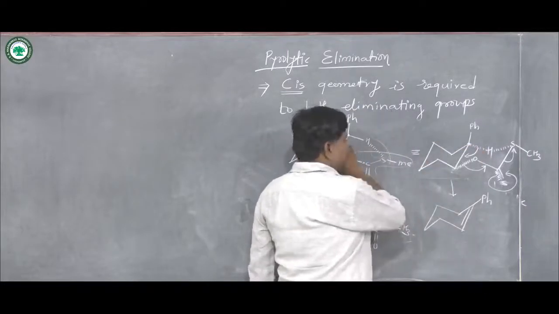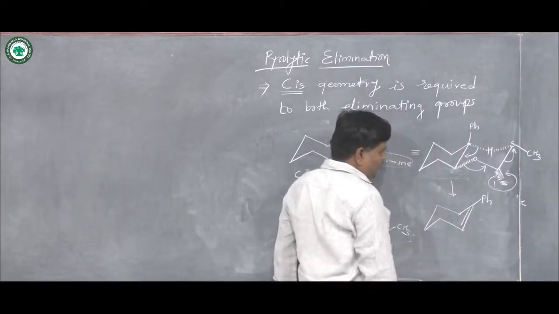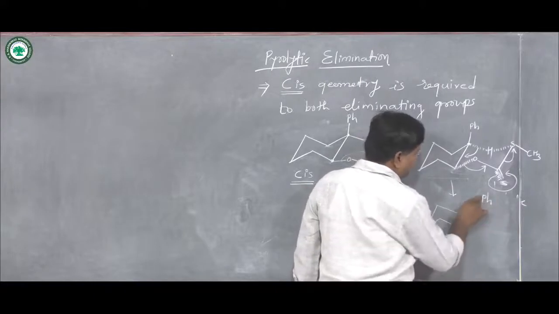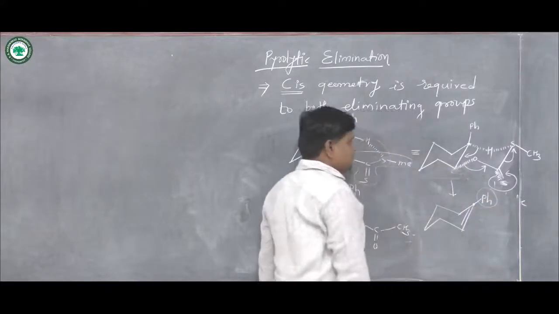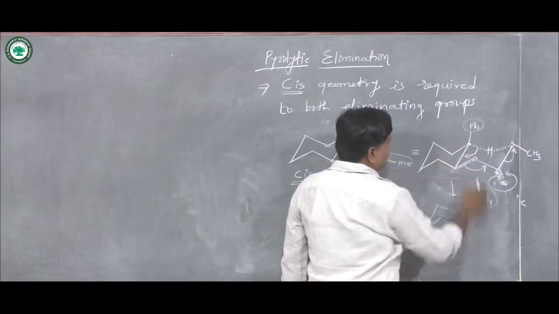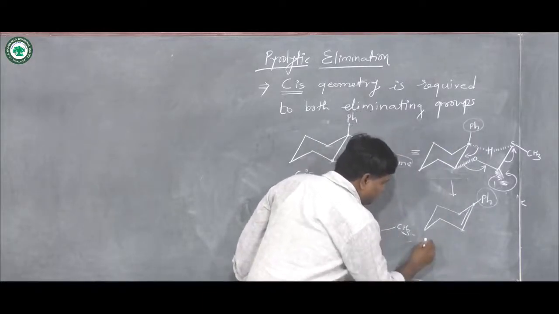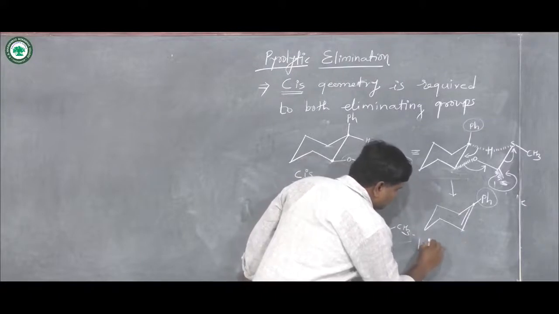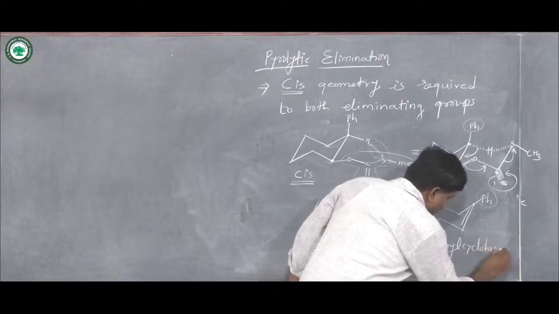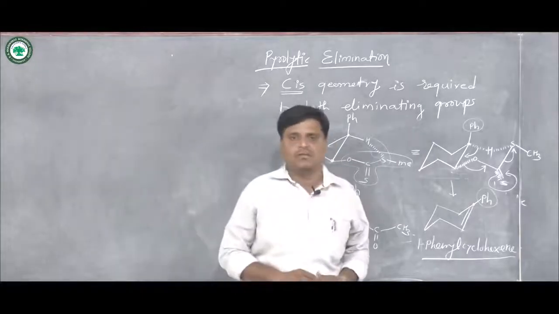In the starting material that carbon is sp3 hybridized, but now there is formation of a double bond, so that carbon atom is sp2 hybridized, so we can't write its actual position. This is pseudo axial or pseudo equatorial. Now we get here 1-phenyl cyclohexene. So this is your final product.